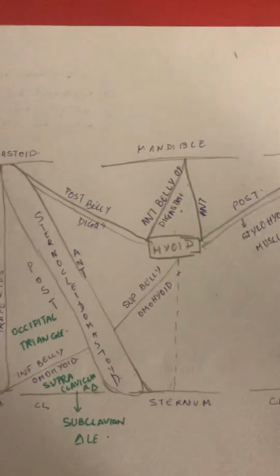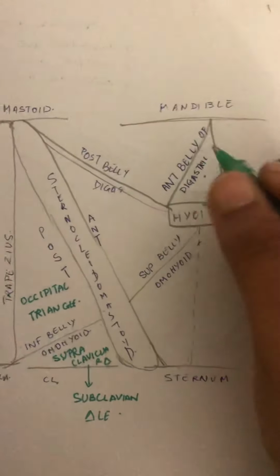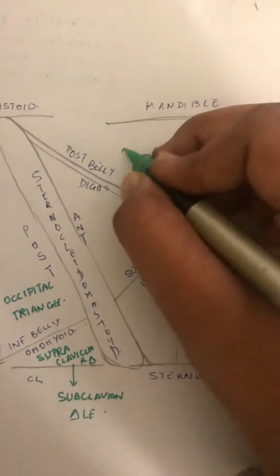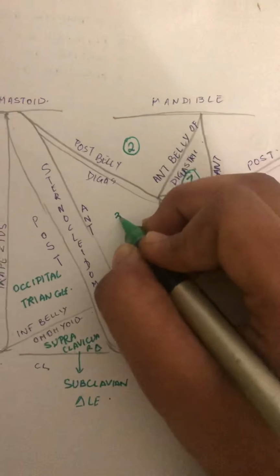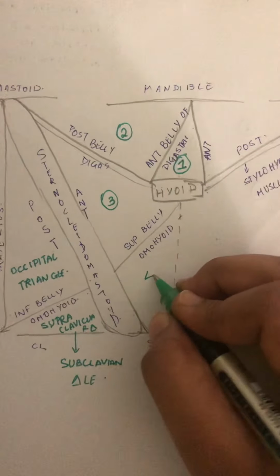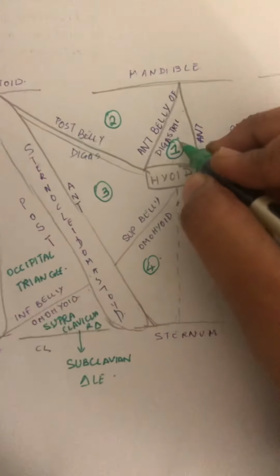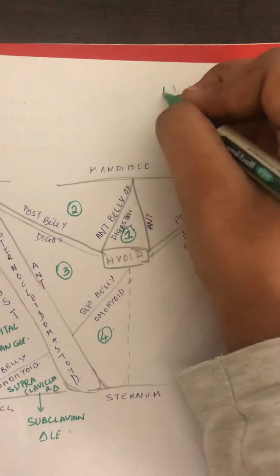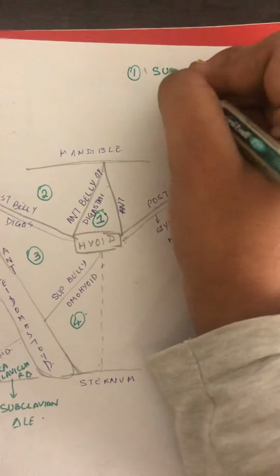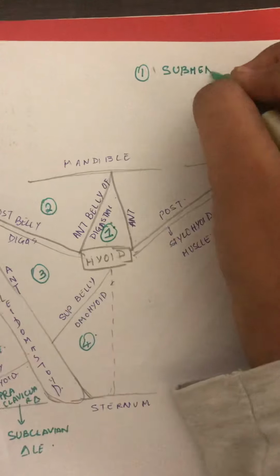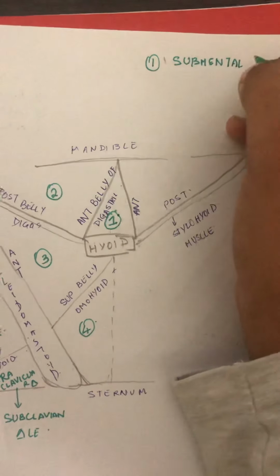This anterior triangle has 4 different triangles, 4 parts basically. This is the first part, this is the second part, this is the third one, and this is the fourth one. Okay, so the first part is called as submental triangle.